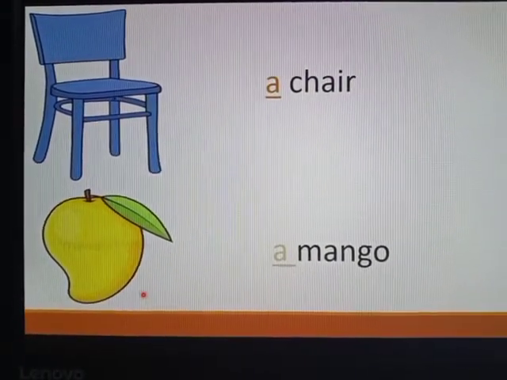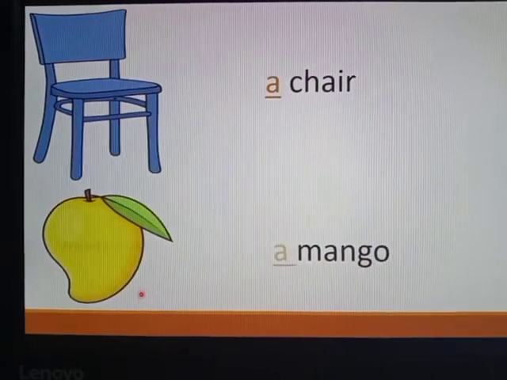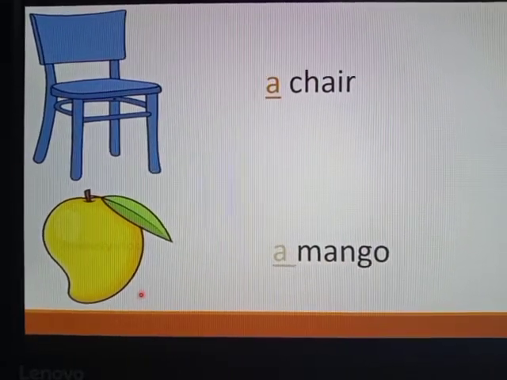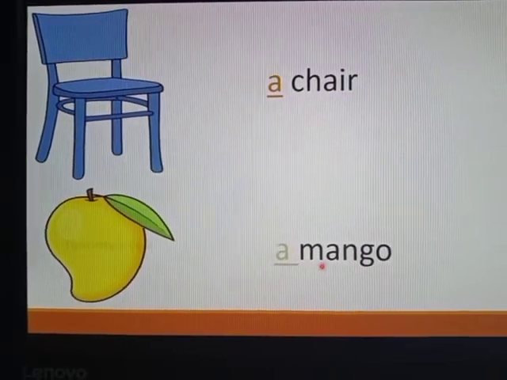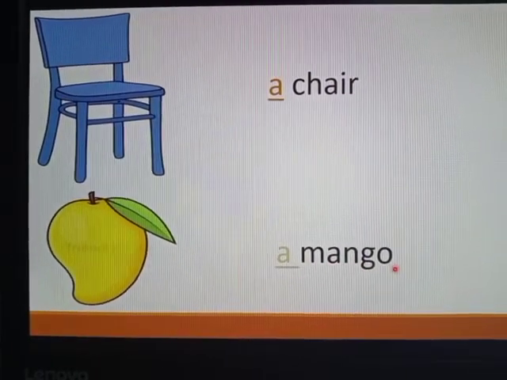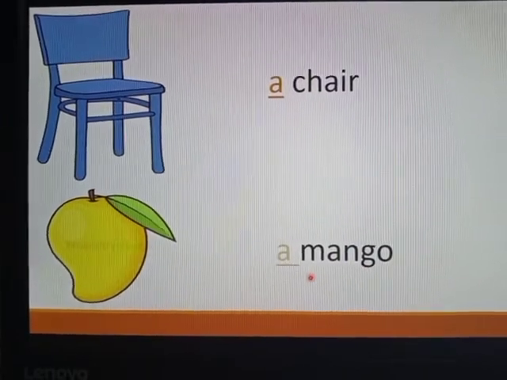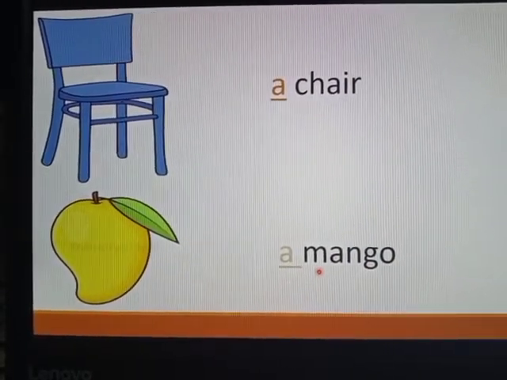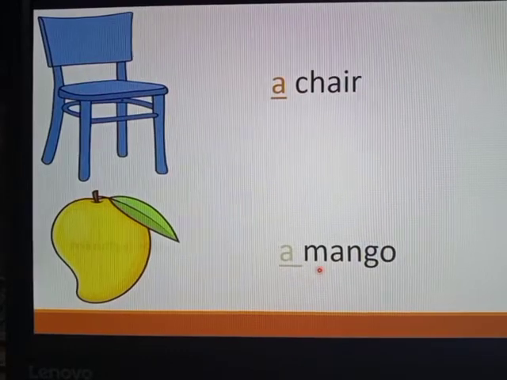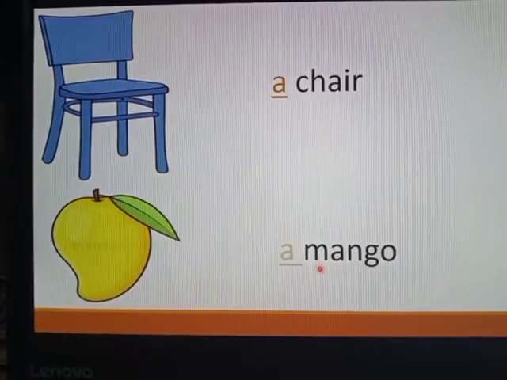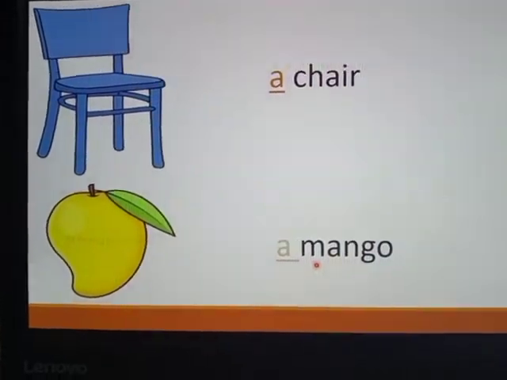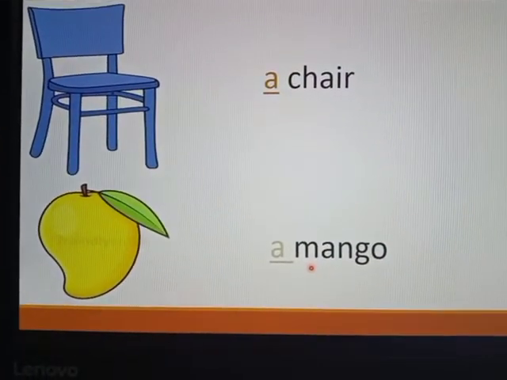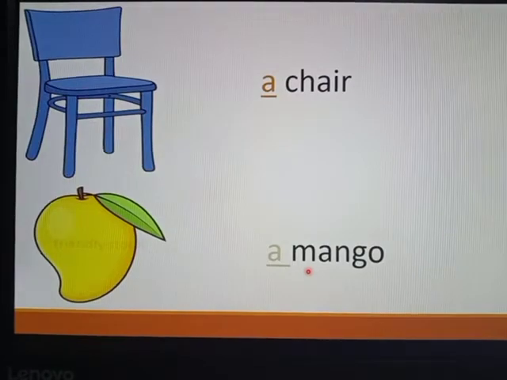Now tell me, what are you seeing in the second picture? Which fruit is it? Correct. It's a mango. Now I'll read the spelling of this word. M-A-N-G-O. Mango. Now tell me, what is the starting letter of this word mango? Yes, it's an M. It starts from the letter M. And M is a consonant.